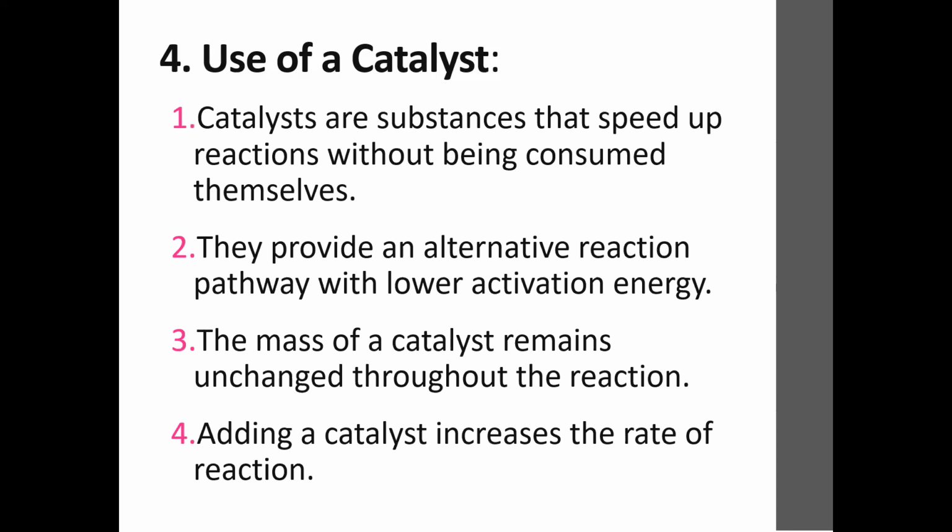Its role is to push the reaction forward to be faster, but at the end of the reaction, we will retrieve this catalyst again without it entering the process of forming the product. It is not consumed during the reaction. At the end of the reaction, we will retrieve the catalyst back without a change.